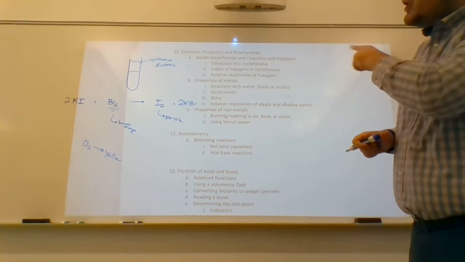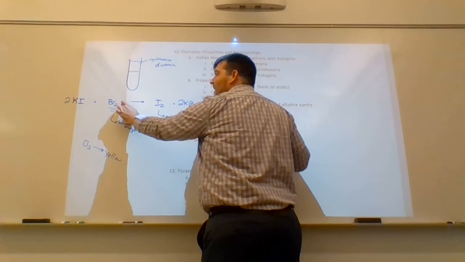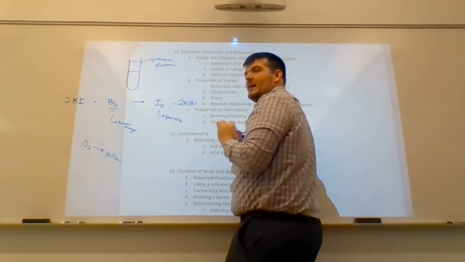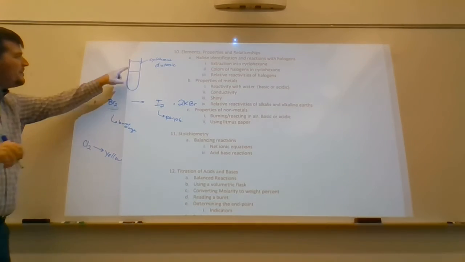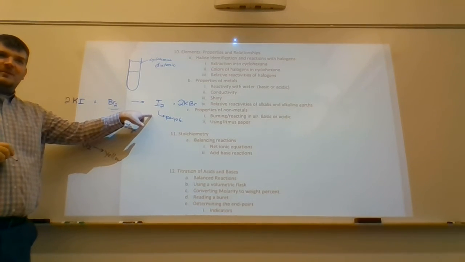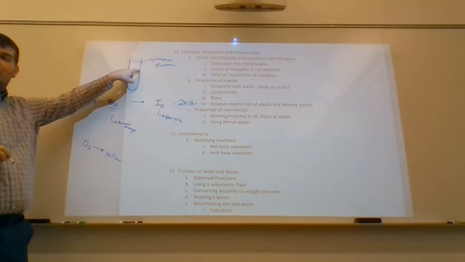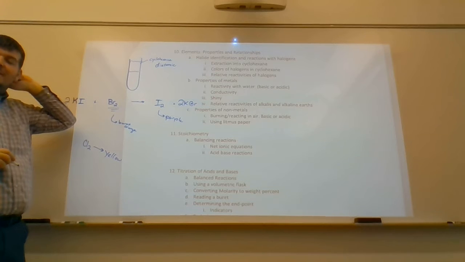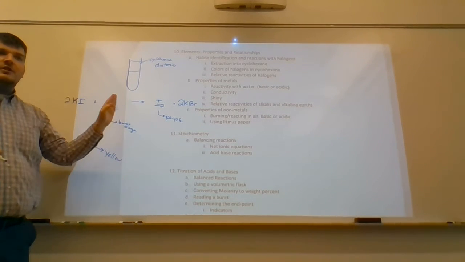If this reaction occurred, then that would mean that bromine is stronger than iodine. That's what that means. If up here is purple, bromine is stronger than iodine. Is everybody with me on this? Okay. If up here is orange, what would you say? Iodine is stronger than bromine because no reaction occurred.